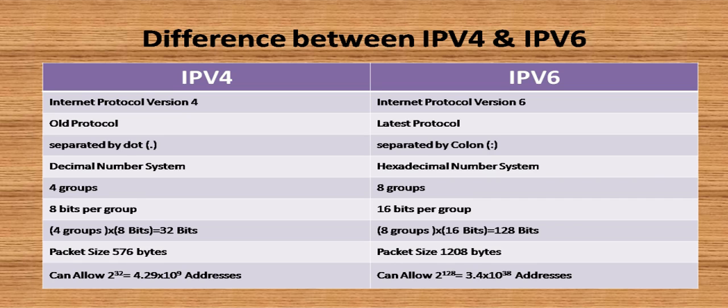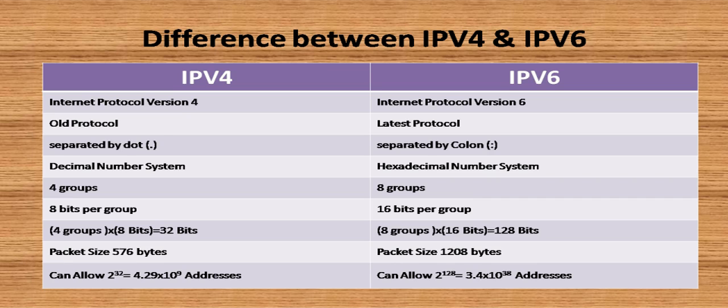The address of IPv4 is written in decimal number systems, and the address of IPv6 is written in hexadecimal number system. There are four groups in IPv4 separated by dots, and there are 8 groups for IPv6 separated by colon.